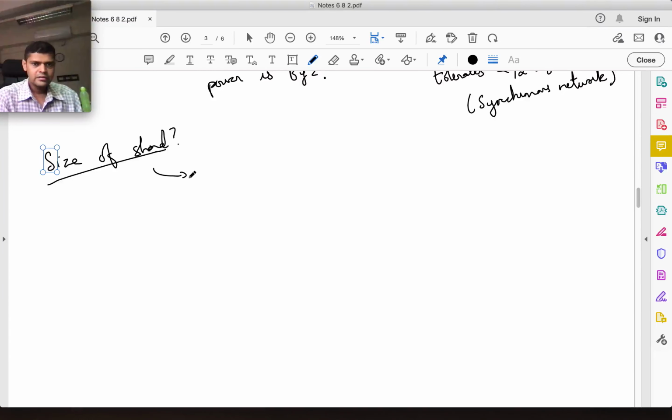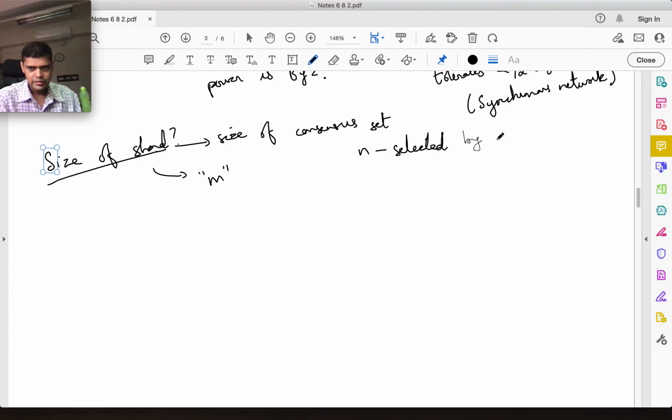And the size of the shard, I mean the size of the consensus set, the set of nodes which are doing consensus, and they call it M in the paper, not N. And if so, suppose you have N nodes selected by POW puzzle.